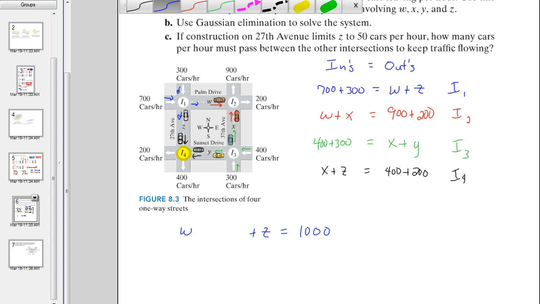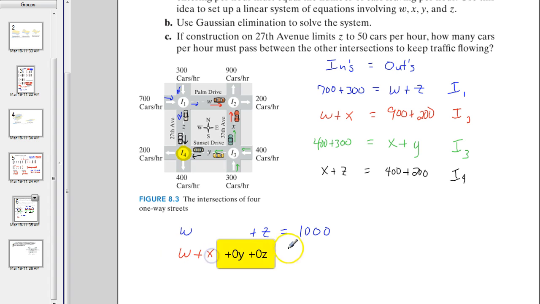I'll switch to red. So W plus X equals 900 plus 200 is 1,100. Alright, and then I've got X plus Y, and that equals 400 plus 300 equals 700. And then finally I have X plus Z, and that is equal to 400 plus 200 is 600.